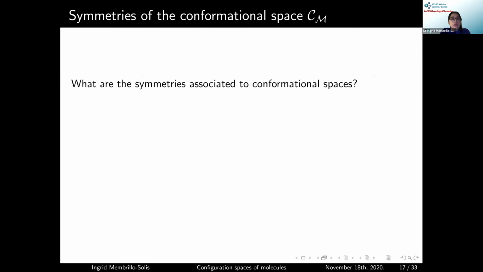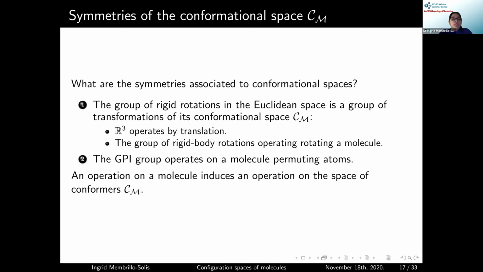Okay, so now, this is only on the side of molecular graphs. Now we need to relate it to conformational spaces of the molecule. So what are the symmetries associated to the conformational spaces? So far we have seen that the group of rigid translations in Euclidean space is a group of transformations of the conformational space.